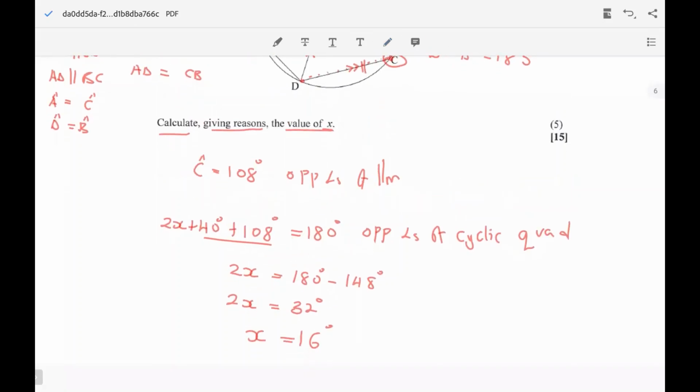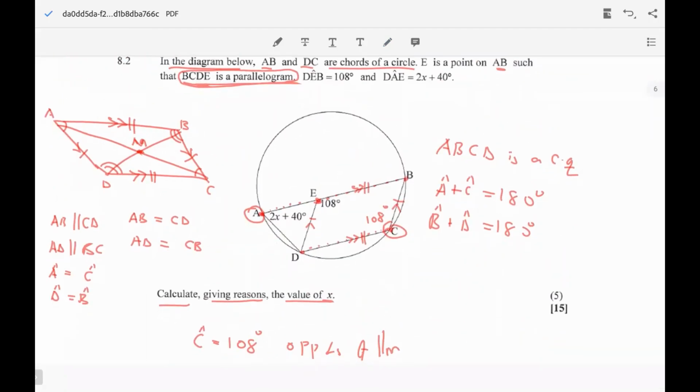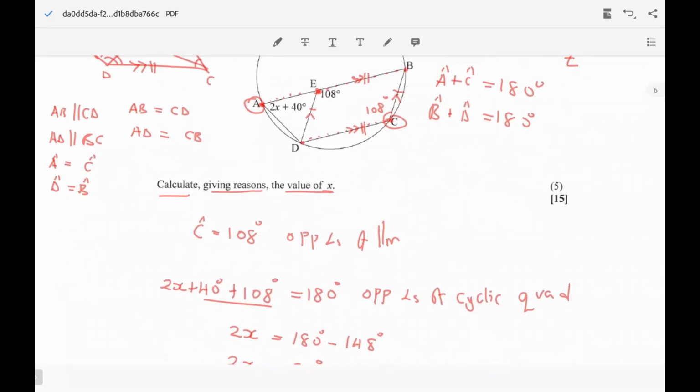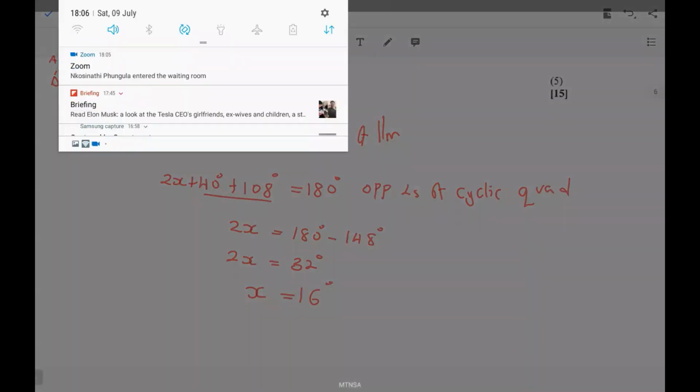So I hope it makes sense to everyone, and you remember where we started from, analyzing properties of our parallelogram BCDE, and then using the fact that ABCD is a cyclic quadrilateral. Those are the properties that have helped us, together with the theorem, get the size of angle x.